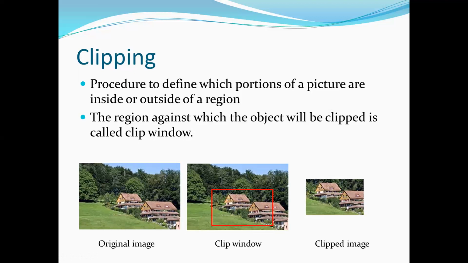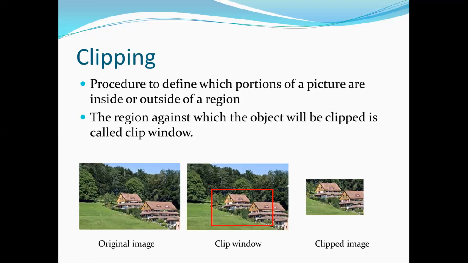The portion of the image which we want to keep is called the clip window. Now we will see how the clipping operation can be performed. There are different types of clipping: point clipping, line clipping, area clipping, curve clipping, and text clipping.